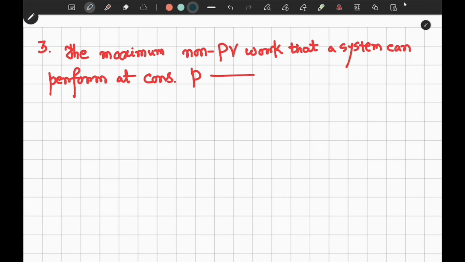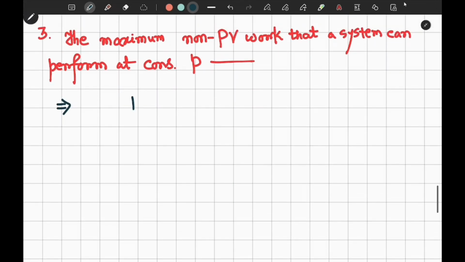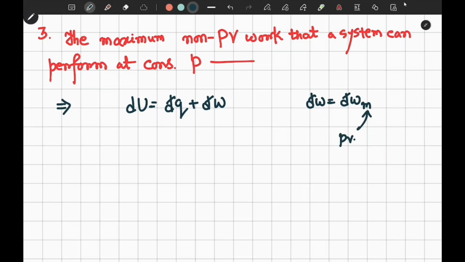So how can we do this? Let me start with the first law of thermodynamics, which is dU equals to d cross Q plus d cross W. Now d cross W is actually d cross W mechanical, which is the PV work, and d cross W non-mechanical, which is non-PV work.